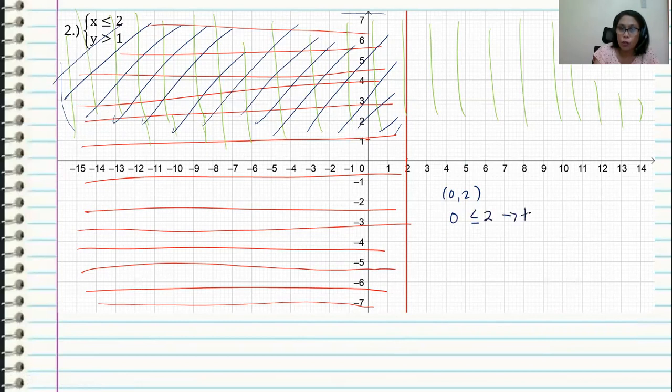So this gives us a true statement. Likewise, 2, which is y, is greater than 1 is also a true statement. And this is also true with the other solutions here when you substitute each of the solutions to the inequality. So it should satisfy both inequalities, so that we will be coming up with a true statement.